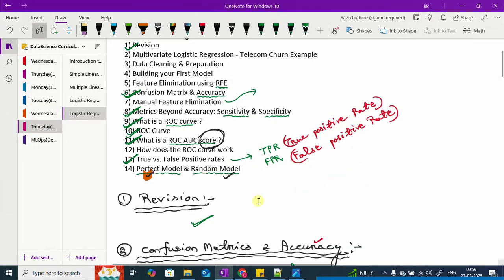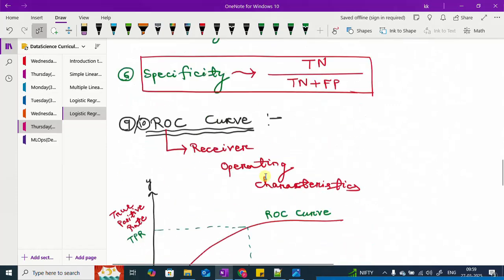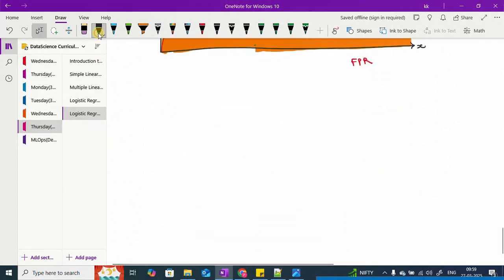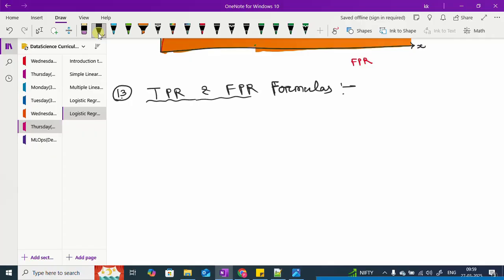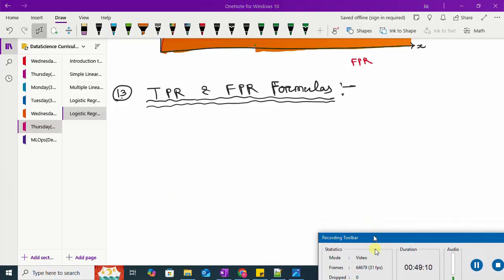No doubt so far? Now, point number 30. In short, I'm writing the TPR and FPR formulas. Fine.